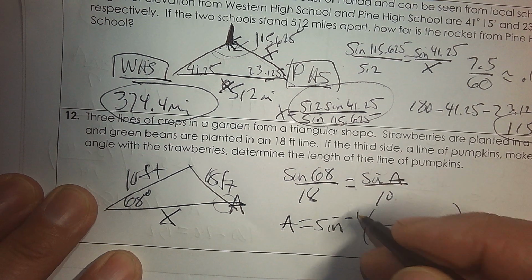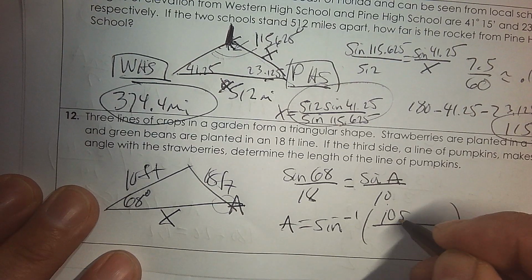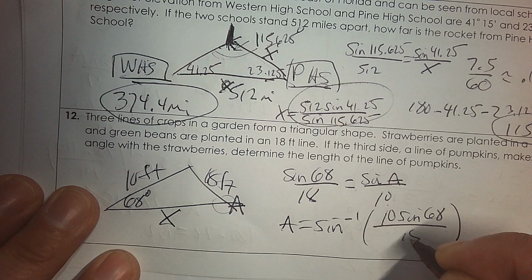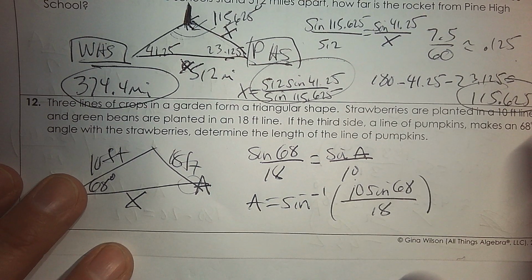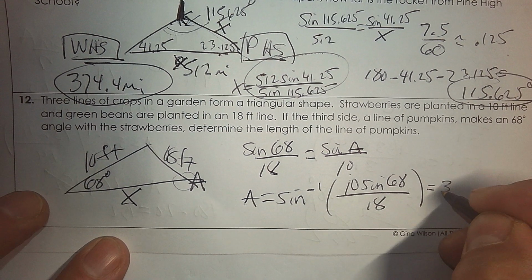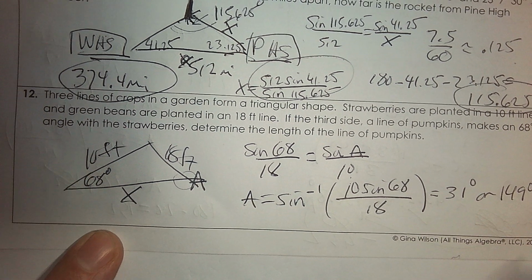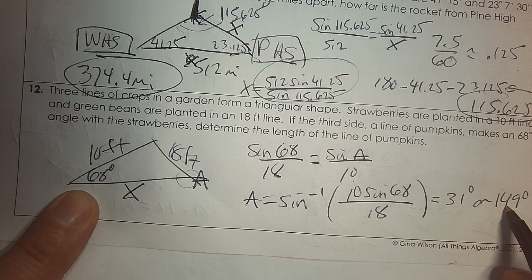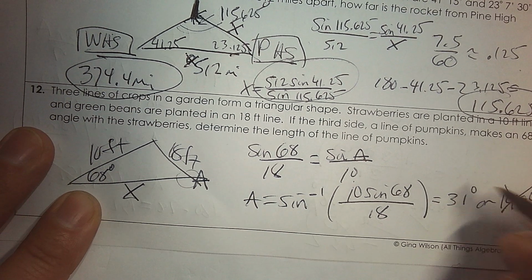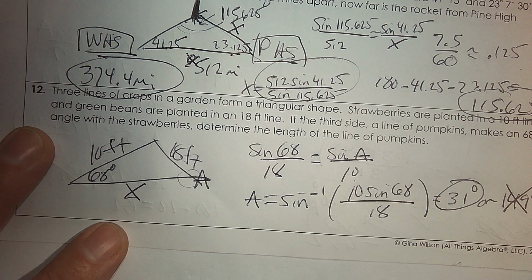And I'm going to go 10 times sine 68 divided by 18. So when I find that angle, I get 31 degrees. Or the other possibility is 149. But 149 and 68 is too big. It's beyond 180. So the only angle it could possibly be is 31 degrees.